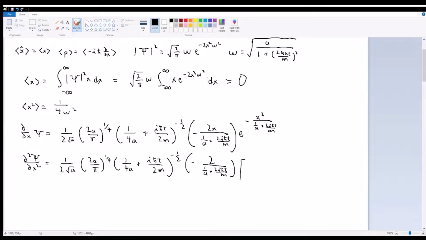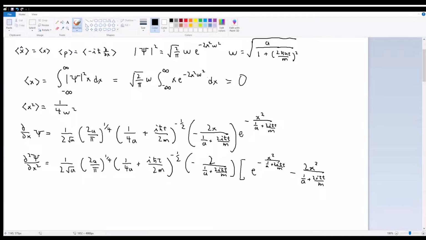And then we multiply it by product rule, box prime times triangle plus triangle prime times box. So this is e to the negative x squared over 1 over a plus 2i h bar t over m. And then, oh god, okay, this is going to be minus, let's see, 2x squared over 1 over a plus 2i h bar t over m, I think.